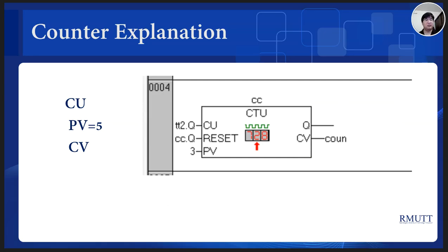I use CTU, which means count up. CU is the count trigger signal. PV is the preset value. CV is the current count value. When CV reaches PV, the system stops.